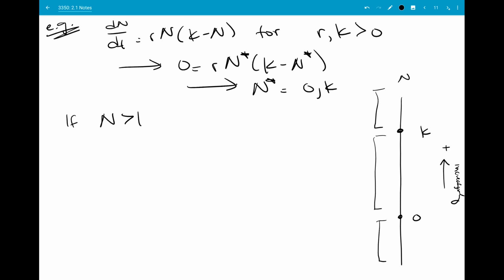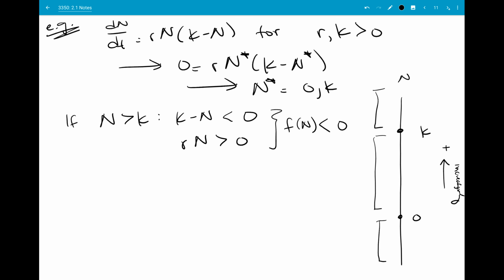So if n is above k, I have k minus n is negative. So like k is 10, n is 15, minus 5. Rn is positive. So together those mean that f of n is a negative number.